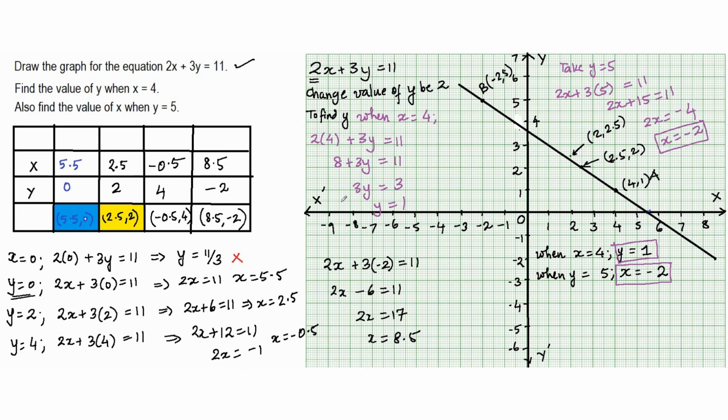So in this session, we did plot a few graphs, and we also tried to find the area of a triangle. We also found the values of the coordinates where the graphs intersected the x and y axis, and you will notice that in this question specifically we found the values of y and x when the other variable was given, and we end today's session over here. I hope you understood the questions that were solved in today's session.